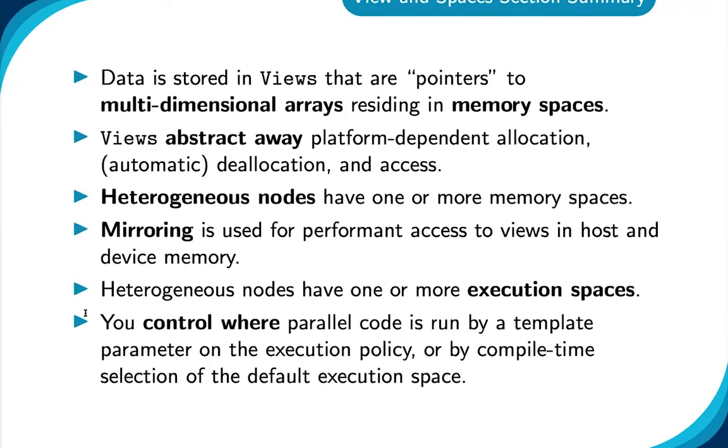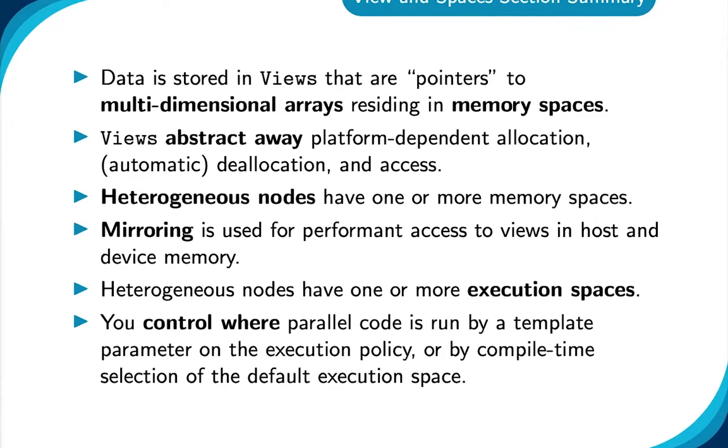Okay, so to summarize: data is stored in views in Kokkos programs, which behave like pointers. They are multidimensional arrays residing in memory spaces. This abstracts away platform-dependent allocations, as well as deallocation and access.